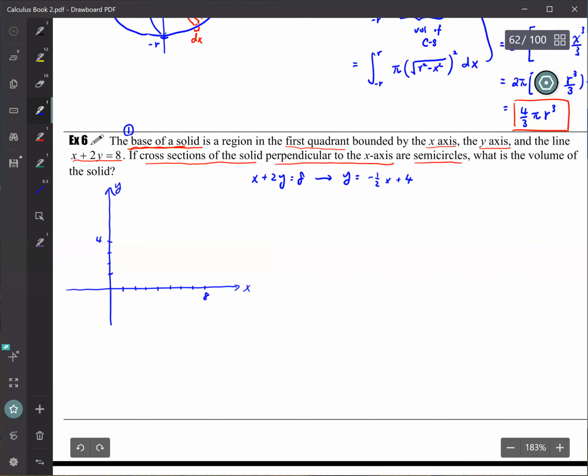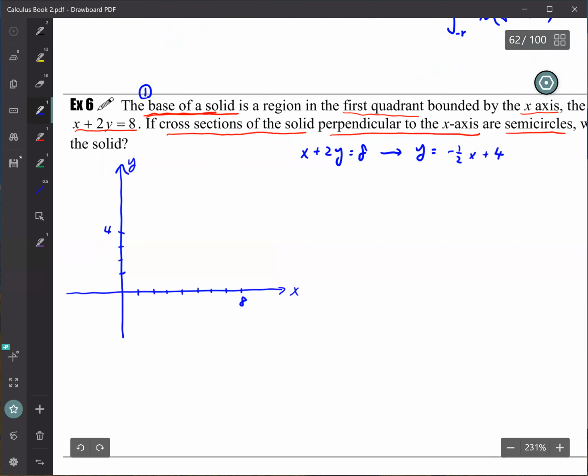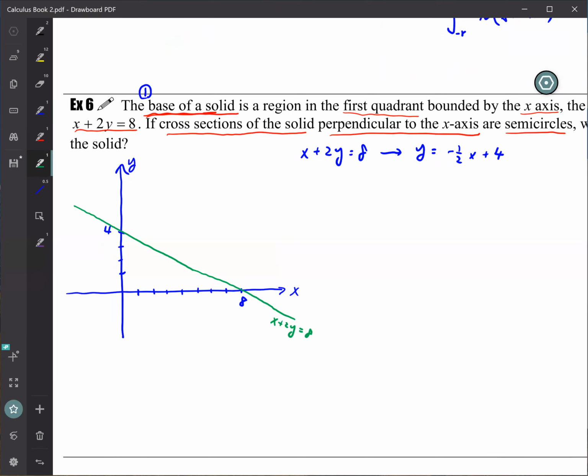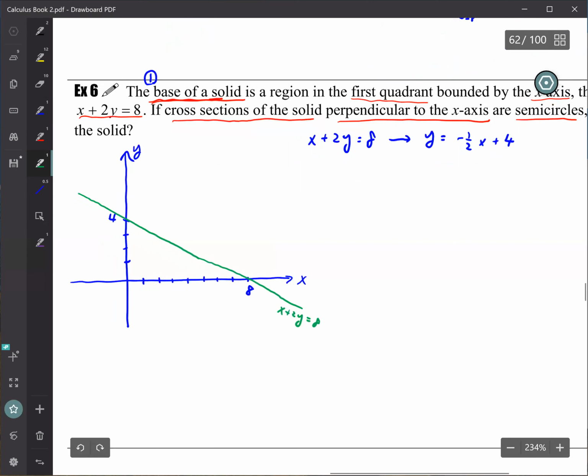Okay, so we have a line. This line is x plus 2y equal to 8, right? Or y equals -1/2 x plus 4. And then we have another boundary, the y-axis and the x-axis. So the shape of the base is a triangle.